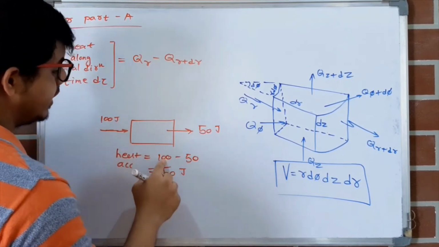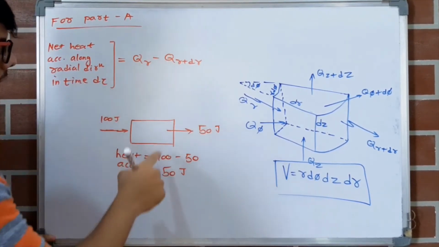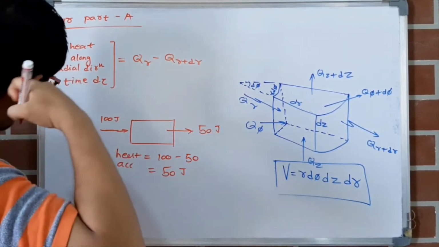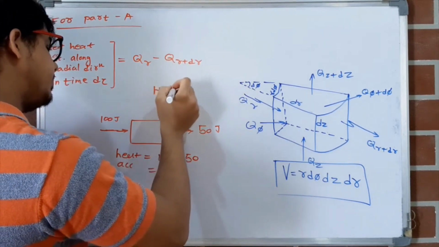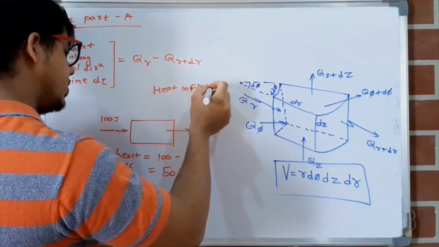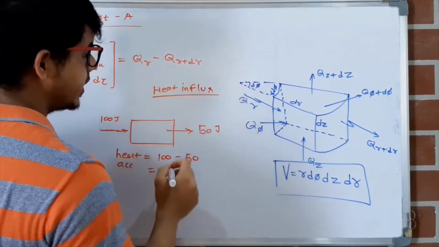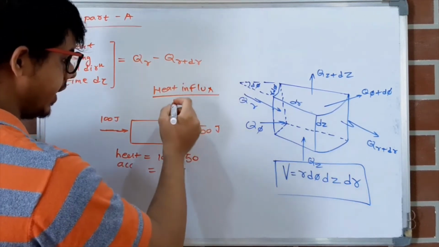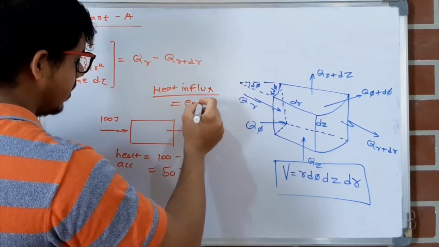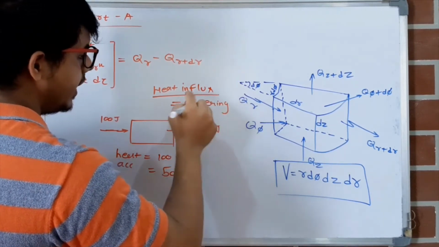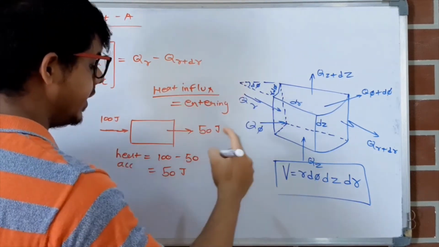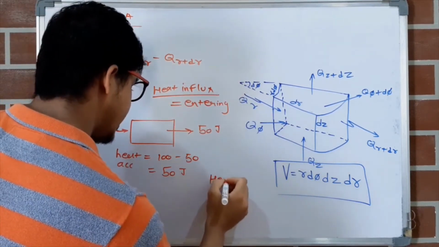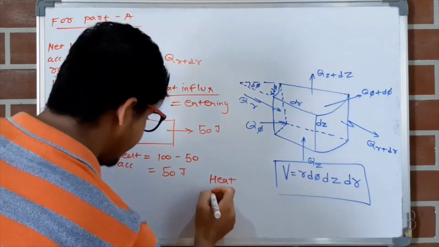So similarly, this 100 is equal to Q R, that is heat influx. Now here a new term is introduced, that is heat influx. This heat influx means heat entering. Okay, entering. So heat influx is Q R and leaving is heat efflux.